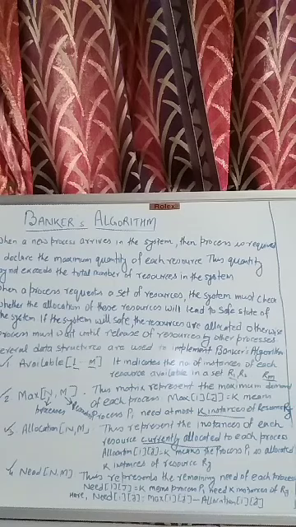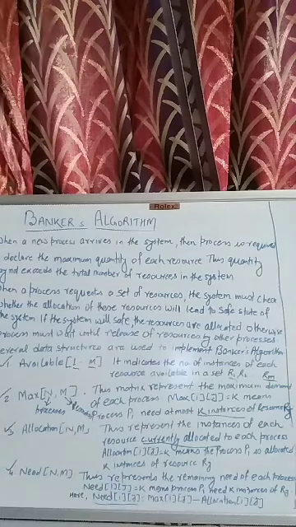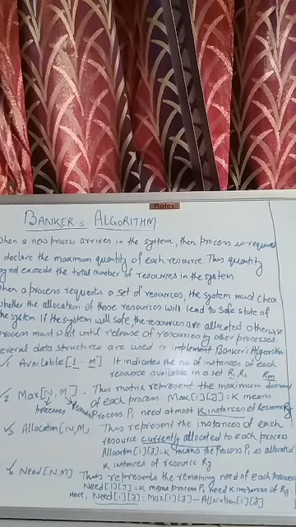So, need can be computed using the formula: need of i of j equals max of i of j minus allocation of i of j.